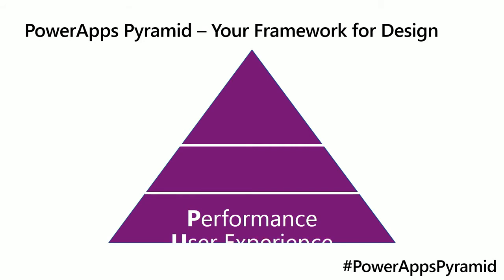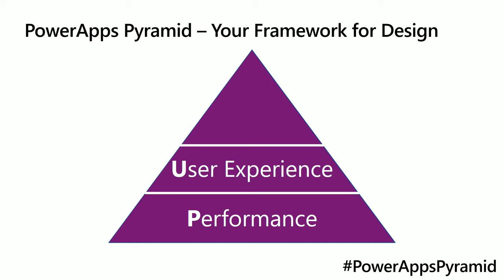Building off of that is user experience. If you have a nice Power App that is really performant, the next step you're going to want to do is make sure that the user experience is really intuitive. You don't want your users to have 2 days of training to learn how to use your Power App. You want it to be easy to learn and really intuitive. So we'll go through some tips about how to help with user experience here in this session. And then finally, the icing on the cake is branding. So you have a performant app, your user experience is really intuitive.